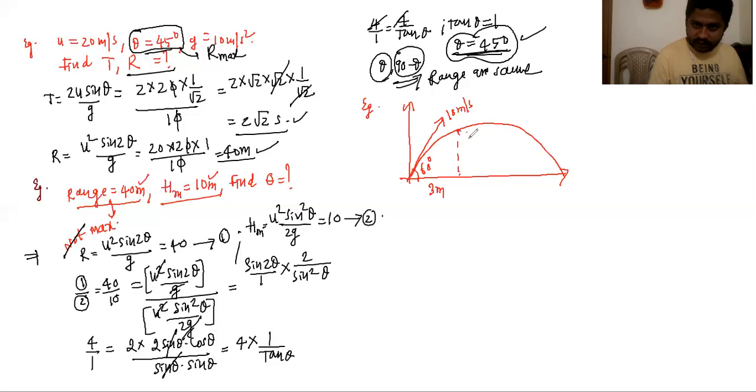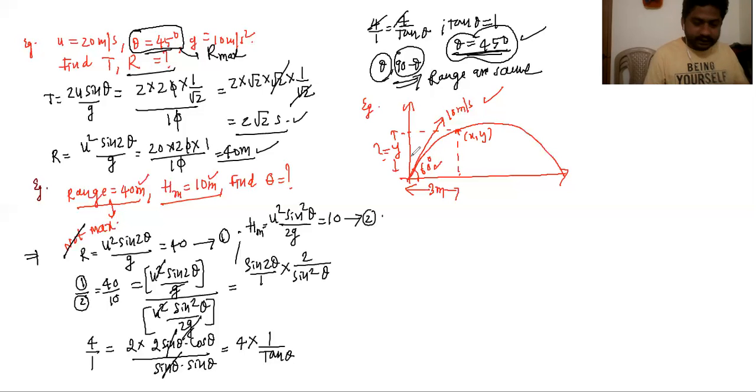Imagine the point is at x comma y coordinates. 3 meters is the horizontal distance. So what is the y? So that is the question. Okay, simple. Again, I'm reading the question for you. A stone is thrown with a speed of 10 meters per second at an angle of projection 60 degrees.